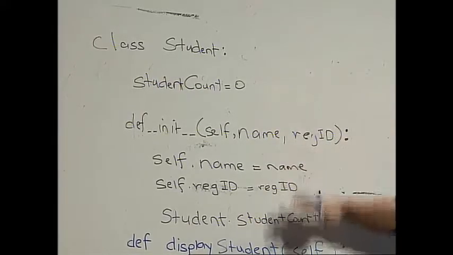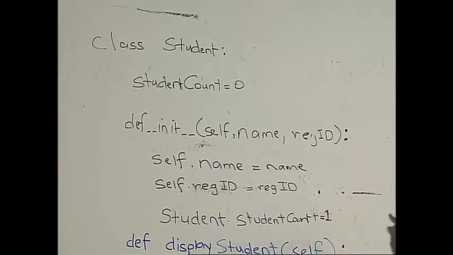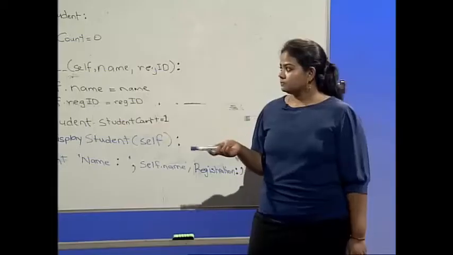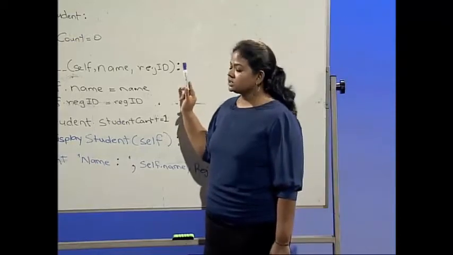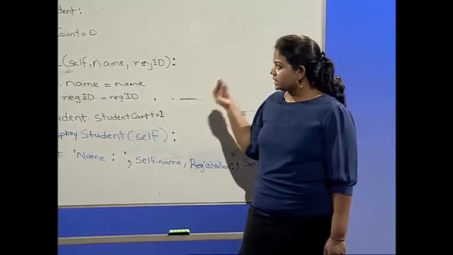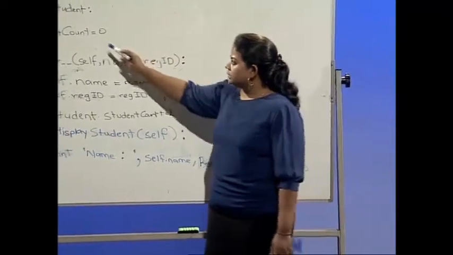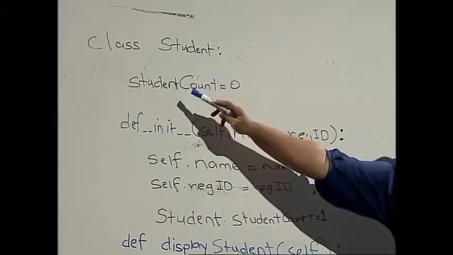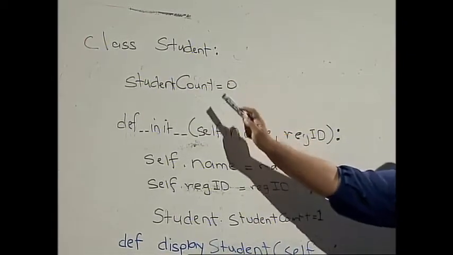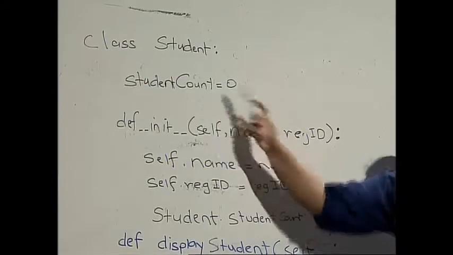So now, this is the Python programming that we have. So in the beginning of the lecture, I discussed about student being an object. I'm going to take that as an example and name my class as student. And then I have declared a variable known as student count.